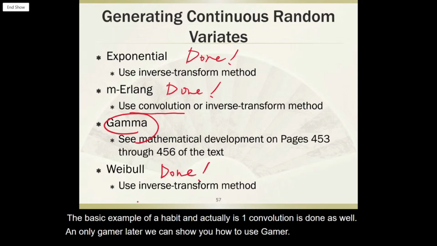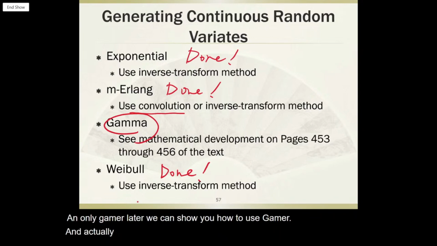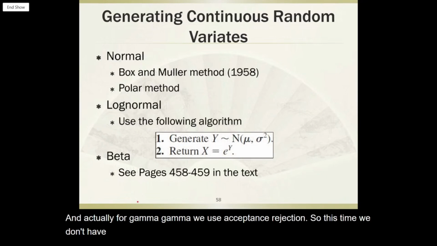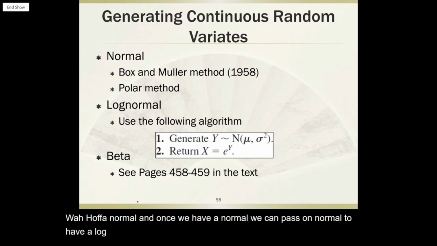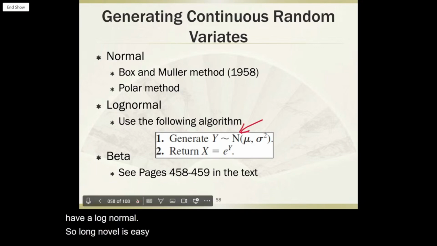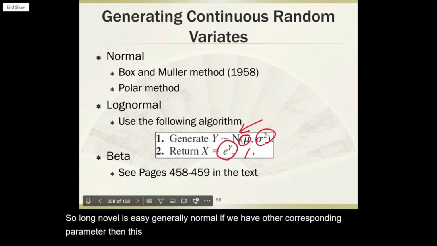For gamma we use acceptance rejection, so this time we don't have it. But we will have the normal. Once we have a normal, we can pass on the normal to get a lognormal. Lognormal is easy: generate a normal with the corresponding parameters, and then exponentiate it to get the lognormal.